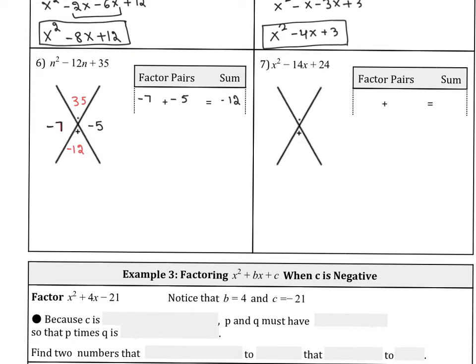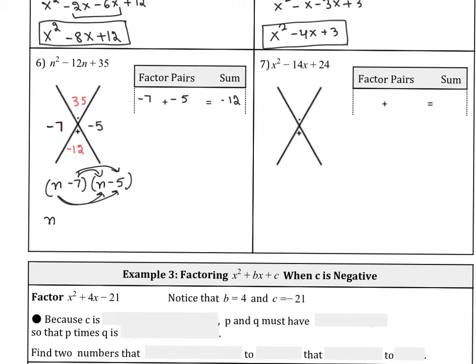And when we multiply, it's going to be positive 35. Write them in factor form and make sure they are the right factors. If they are the right factors, they should give us the same equation as above. I'm going to change that to n because again this should be n.